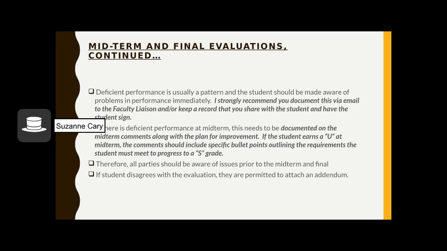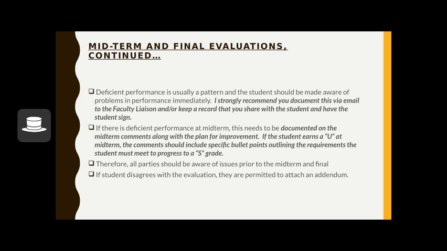Okay, so in that vein that evaluation should be ongoing, any kind of deficient performance is typically a pattern. So it's something that you're seeing at multiple places throughout the semester, and typically not just suddenly a quick onset of some problem.